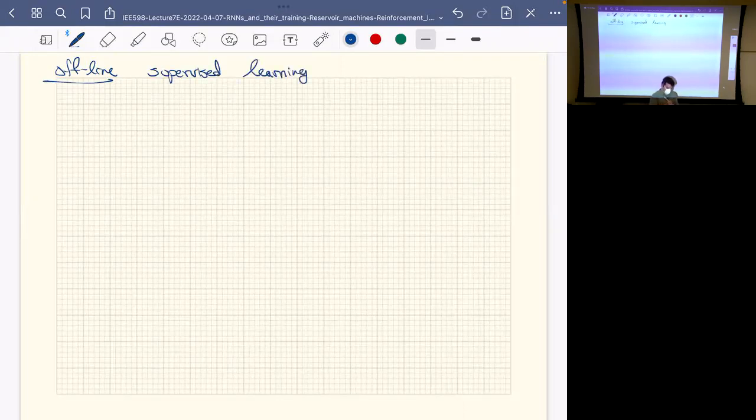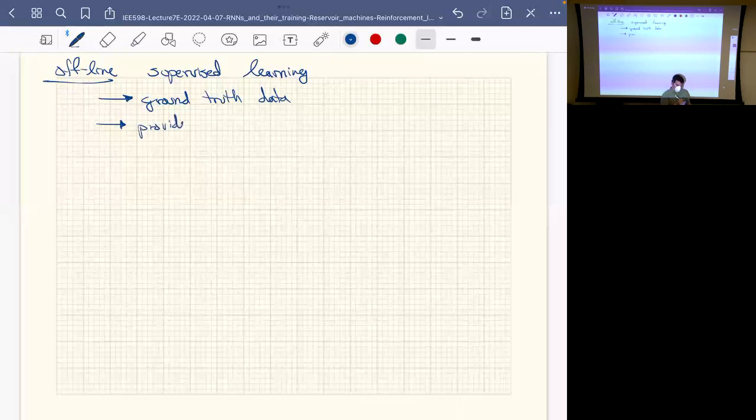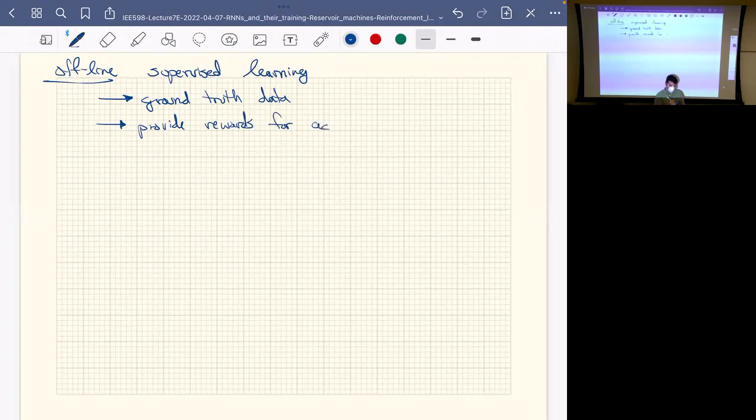And the key feature here is that we have ground truth data, and we provide rewards for accurate outcomes, for accurate inferences during training. And that's what supervised learning is. Now, there are forms of online learning.